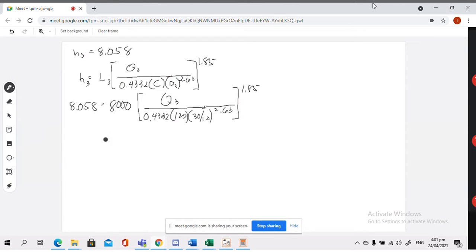This will become 8.05862 Q3 to the 1.85.